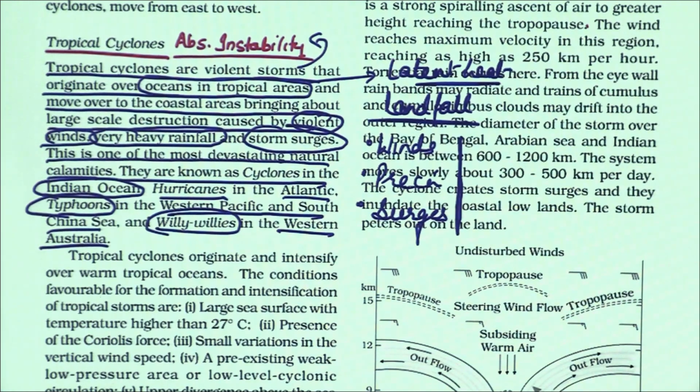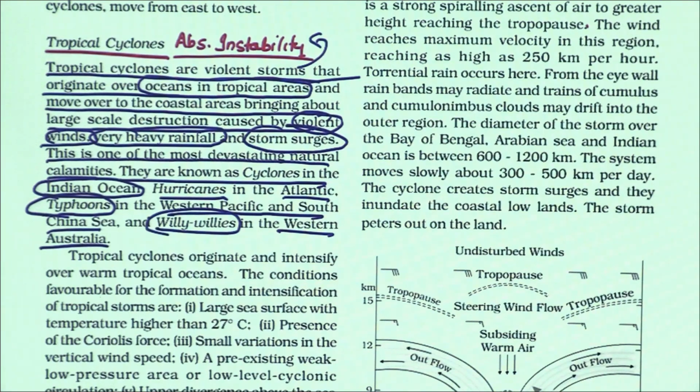So how do I identify tropical cyclone? Tropical cyclone is an example of absolute instability. It originates over tropical marginal water bodies. Tropical marginal water bodies in Indian Ocean make this system called cyclone. In United States of America, it becomes easier because if I read it from our NCERT, hurricane in Atlantic Ocean, USA, both Atlantic Ocean and Pacific Ocean, I am calling it hurricanes.